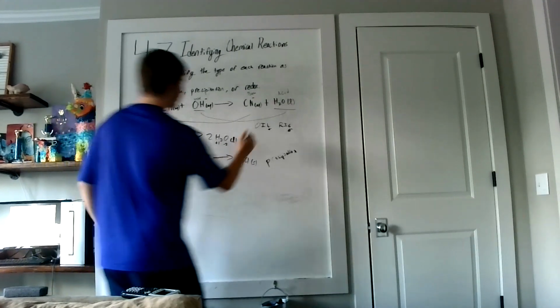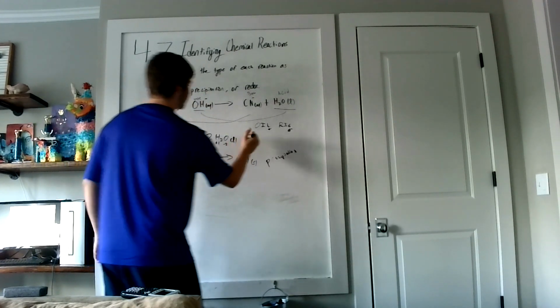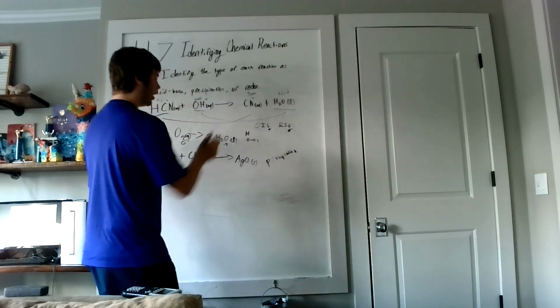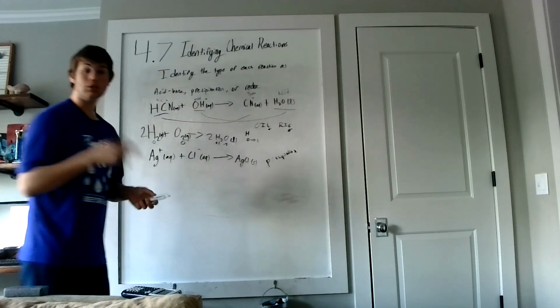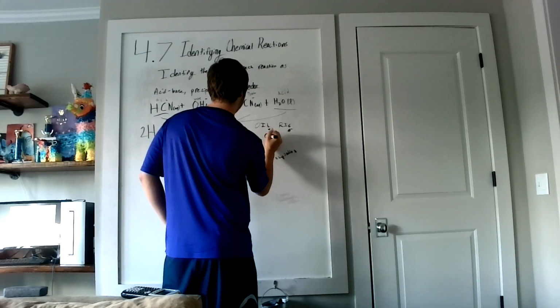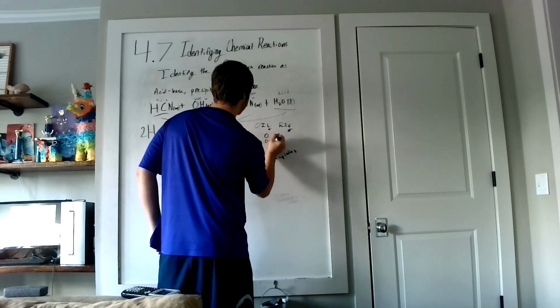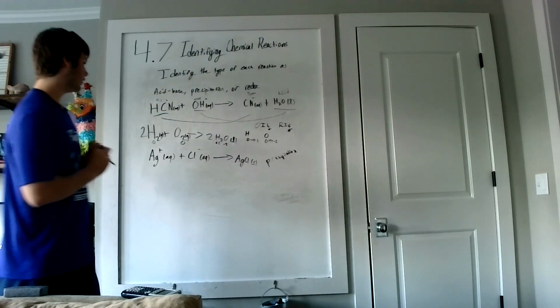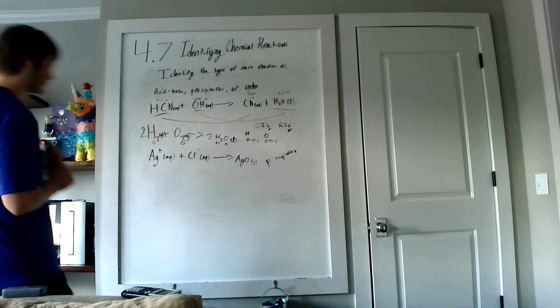So our hydrogen goes from 0 to +1. So it's oxidizing because it's lost an electron. And our oxygen is going from 0 to -2. So it's gaining an electron, or gaining 2 electrons.